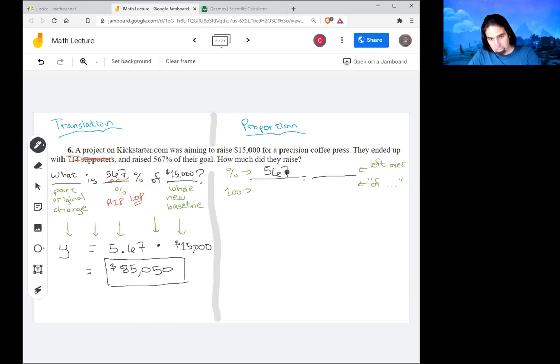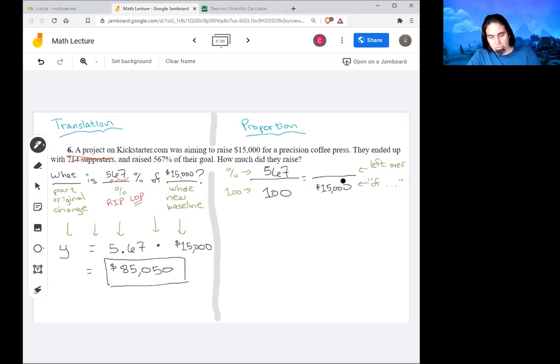So for the proportion people, let's do this that way too. 567 is the percent. That's always 100. Is it okay that this fraction is bigger than 1? Yes, it's bigger than 1 because we're making it bigger, right? Then the thing after of, that's the 15,000.